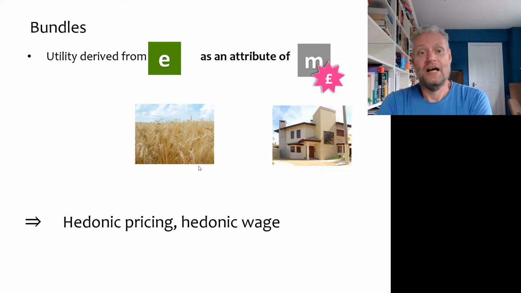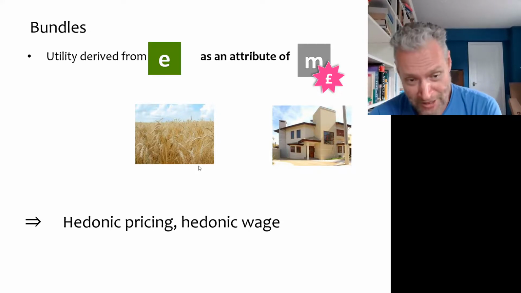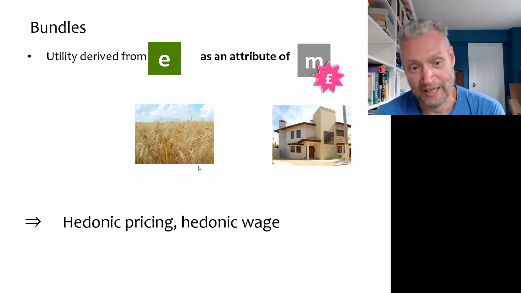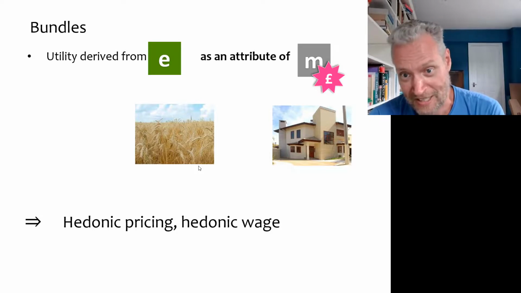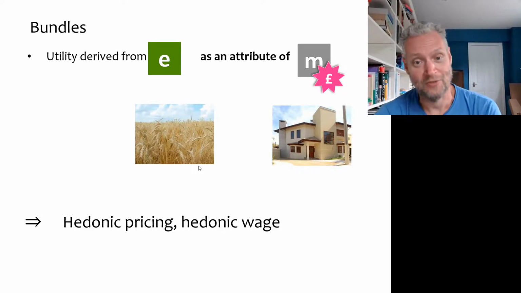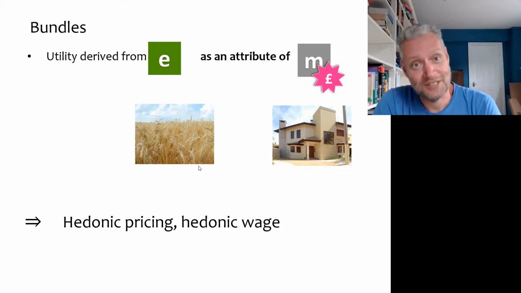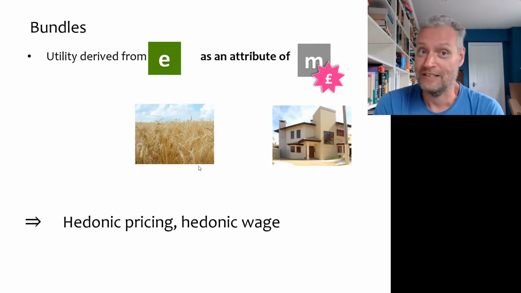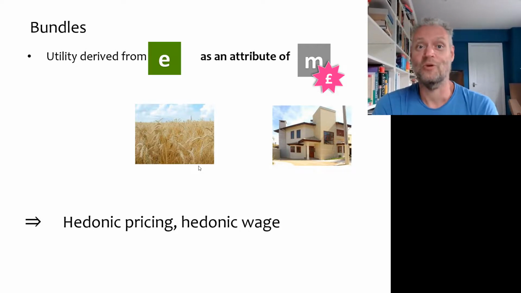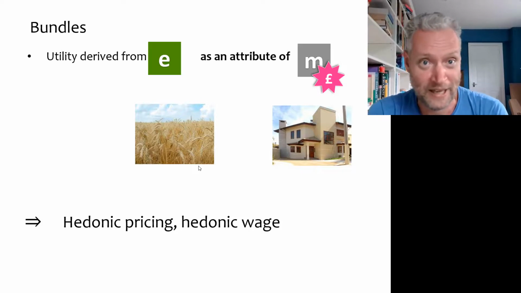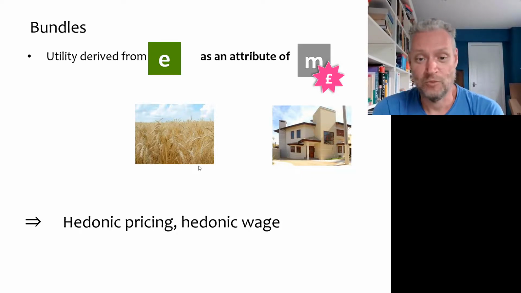And this leads to the third method, so-called hedonic pricing, in this case the price of a house, but also hedonic wage studies, because also if you accept a job, then you do not just accept that workplace, but the type of work, but you also accept your colleagues and the reputation of the company you're working for, and of course the place where that work happens.